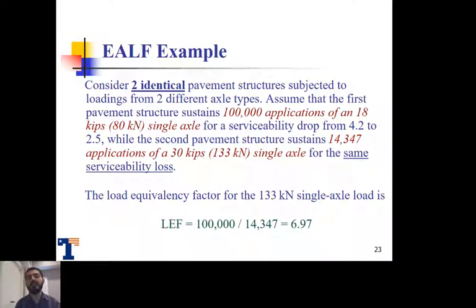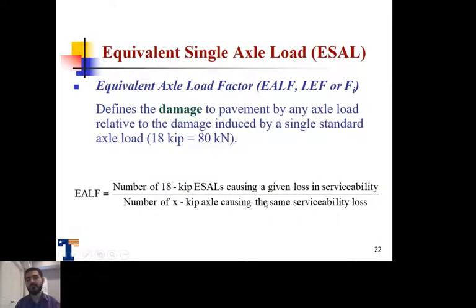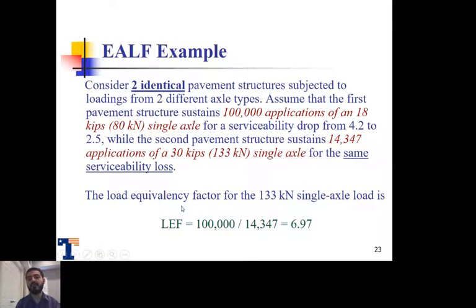So what would be the equivalent axle load factor? We apply this simple equation: the number of repetitions of the 18 kips over the number of X, in this case 30 kip, causing the same serviceability loss. If we divide the 100,000 over the 14,347, this gives us the load equivalency factor, or equivalent axle load factor, which is 6.97.